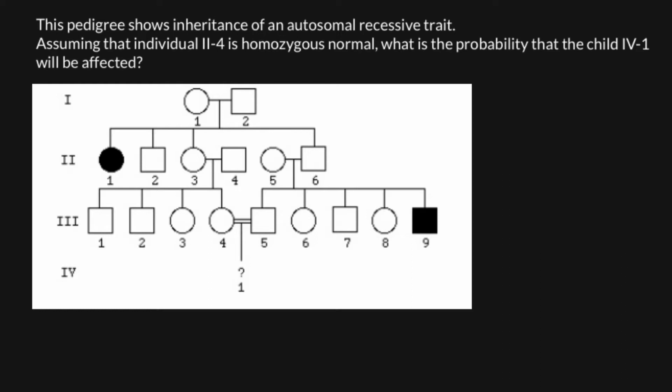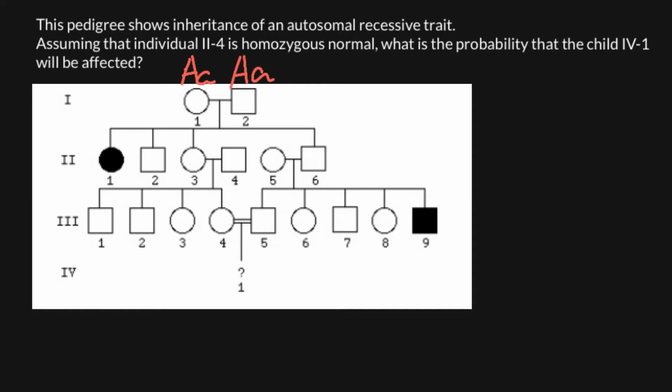If you take a look at this couple, you will see that they have an affected child. This is an autosomal recessive genetic disorder, which tells us that both these parents have to be heterozygous.